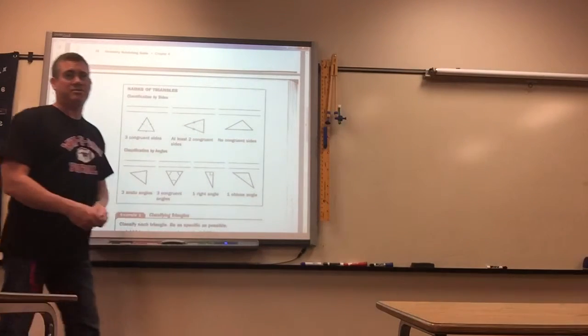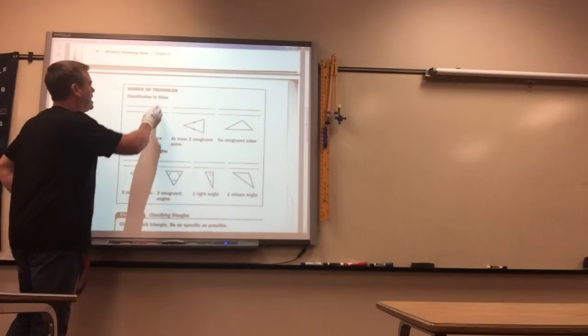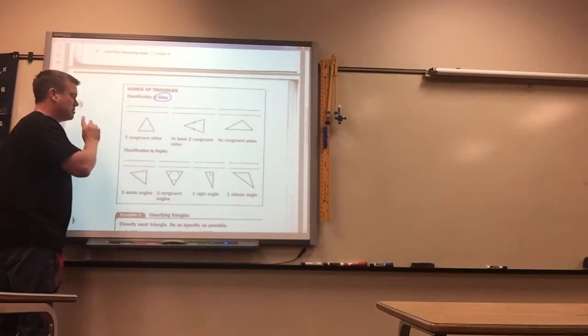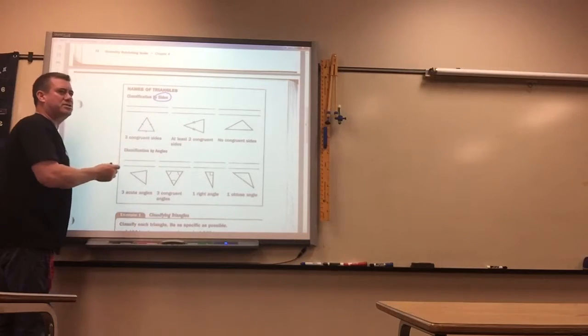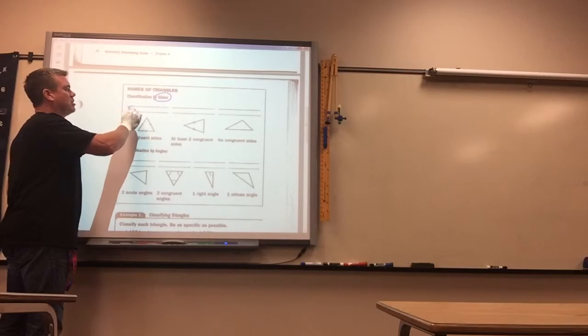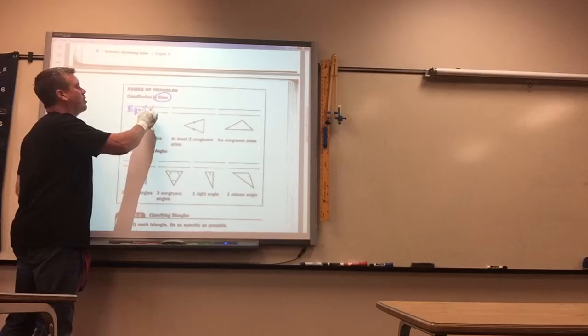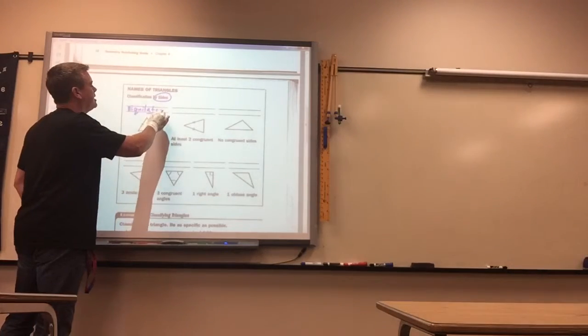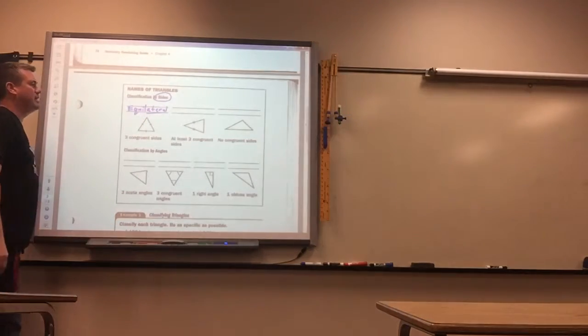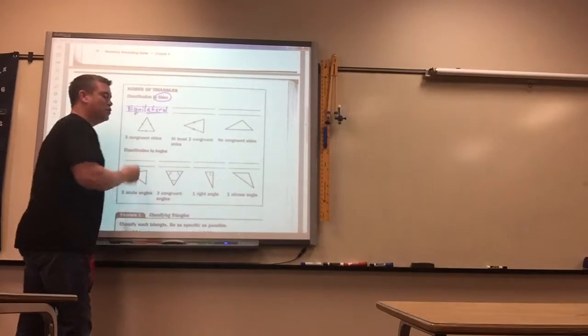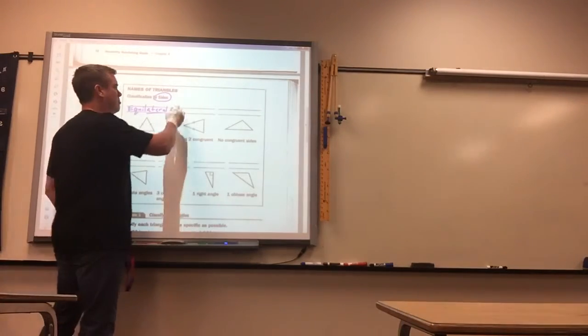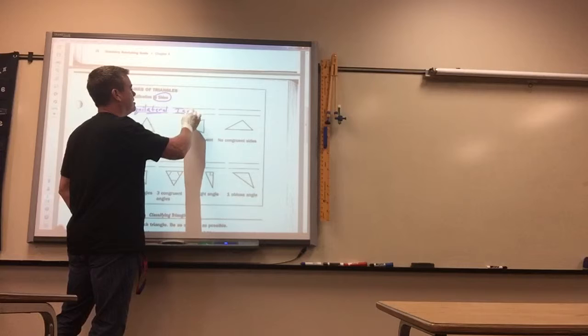So, the names of the triangle. Again, you've done this since elementary. To classify it by its sides, if three sides are the same, it's called equilateral. Lateral means sides. At least two congruent sides, isosceles.